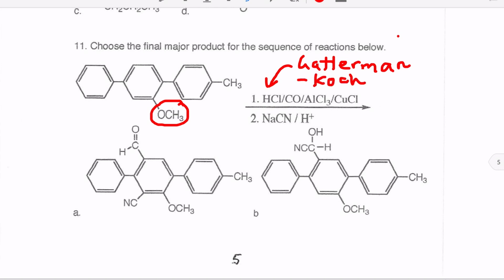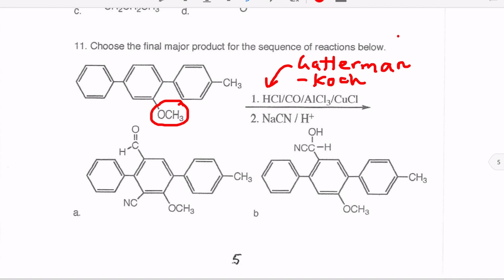So what the Gattermann-Koch synthesis does is the substituent that it adds to an aromatic ring is an aldehyde. So if we know that the combination of all these four reagents is going to result in the addition of an aldehyde to the ring, then the only question that remains is where exactly do we put that aldehyde on the central ring.